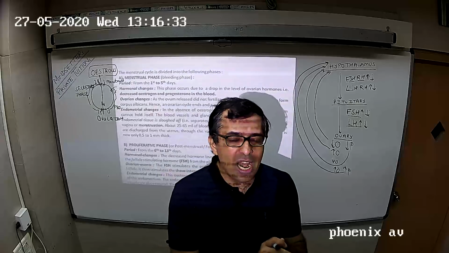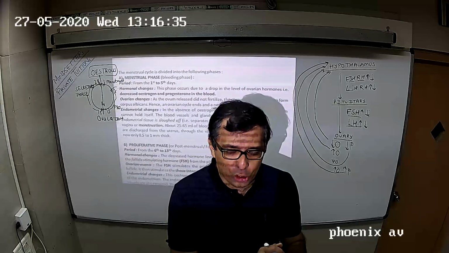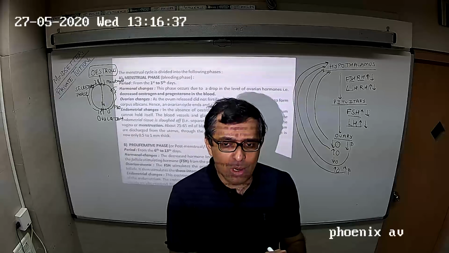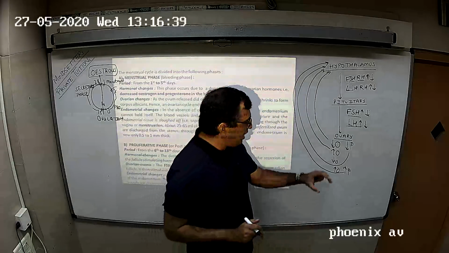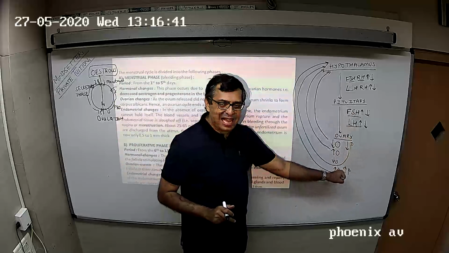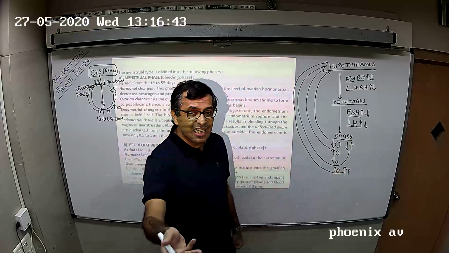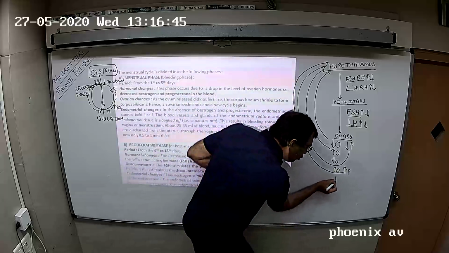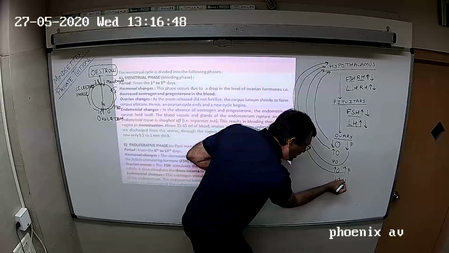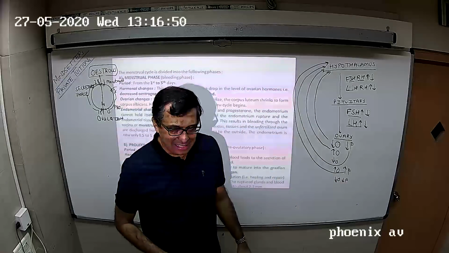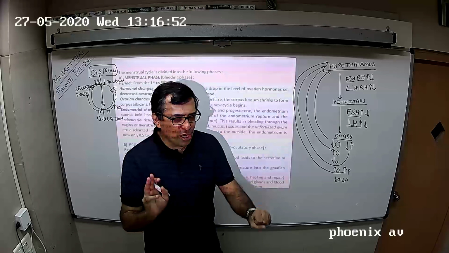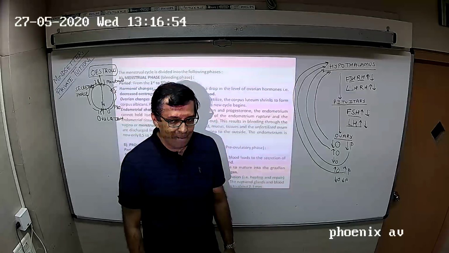So who was stimulating corpus luteum? LH. And what will happen when LH will become less? Corpus luteum will shrink to form corpus albicans, and that means the secretion of estrogen and progesterone will start becoming less, क्योंकि corpus albicans से progesterone estrogen secrete नहीं होता है.